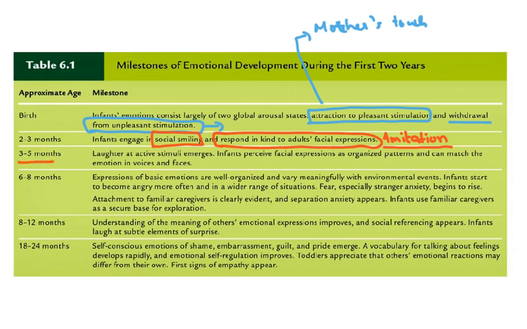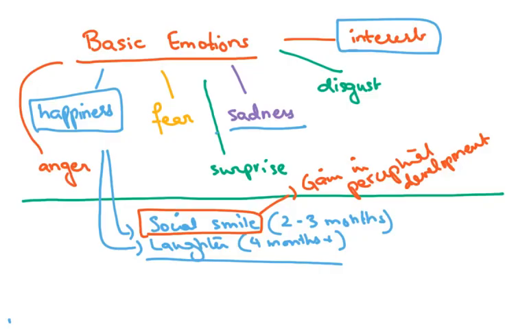Now, at 3 to 5 months, you have laughter and active stimuli. Infants perceive facial expressions, right? And another thing is that they can match the emotion in voices and faces. So let's say that you have a sad face here, right? And you have a happy face here.